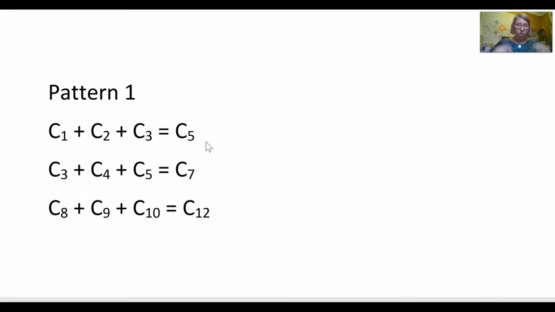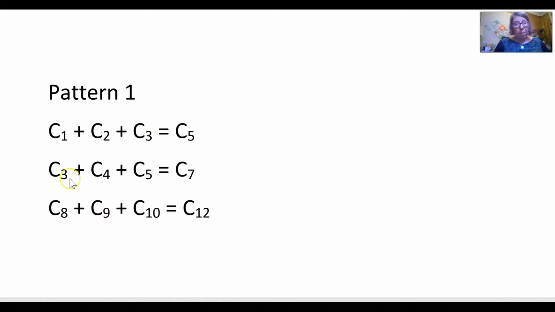You're going to be asked about the answer here. How does the answer C5 relate to these guys? So I go 1, 2, 3, and then I get 5. So how much did I skip? 1, 2, 3, and then 5 is not the next C number, the next circle number, whatever that is. How many away is it from C3?